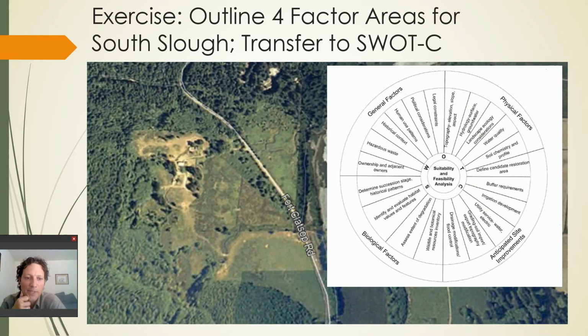So I want to revisit South Slough, the project we talked about last week. And I'd like you to take some time now to look at the SWOT-C form in the appendix, and take what you know about this project and just do your best to work your way through this SWOT-C wheel, assigning an S, W, O, T, or C to each of these categories based on the project in front of you.